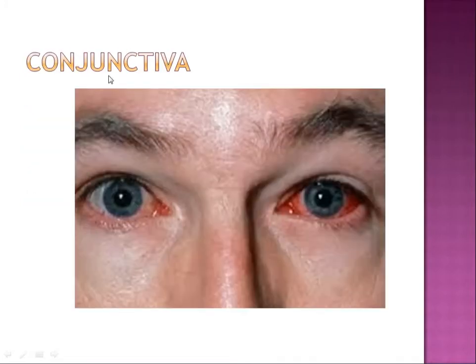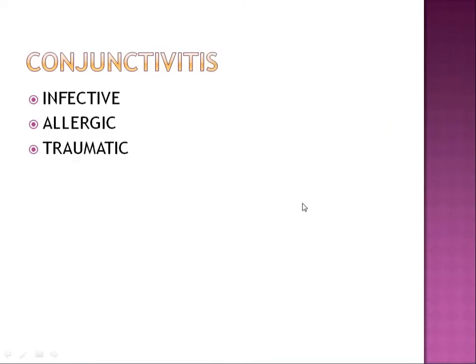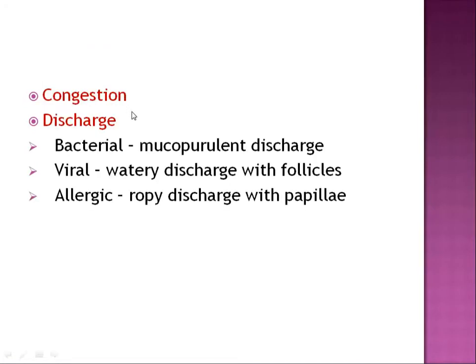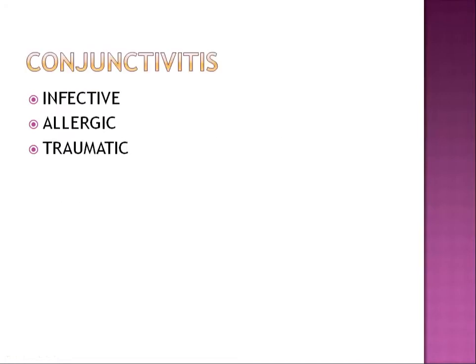Now, we'll move forward with the conjunctiva first. Here you're seeing there is congestion in the eyes. Mostly it is the conjunctiva that is involved. The types of conjunctival infections could be infective, allergic or traumatic. The infective are again divided as bacterial and viral. In all these conjunctival reactions, the most important thing is redness.